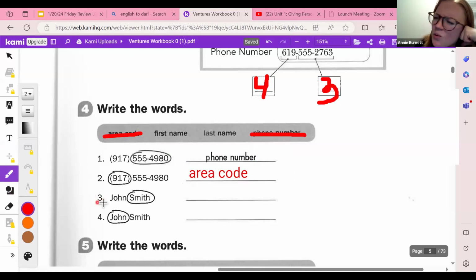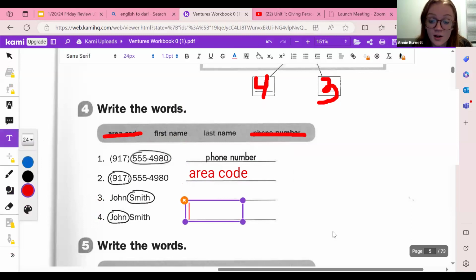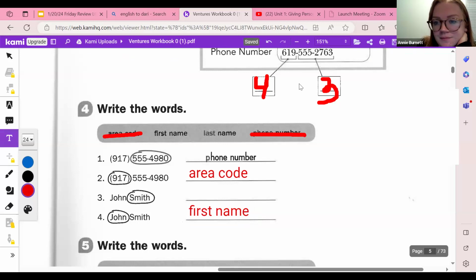Number 3, what is this? We only have 2 left. What does this one say? First name. First name 3, first name 4. So we write here, first name.